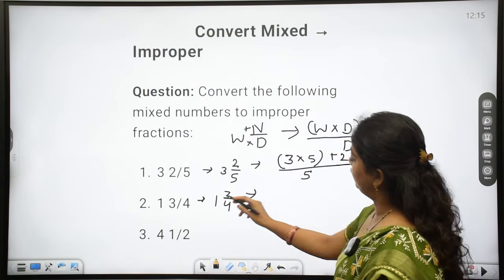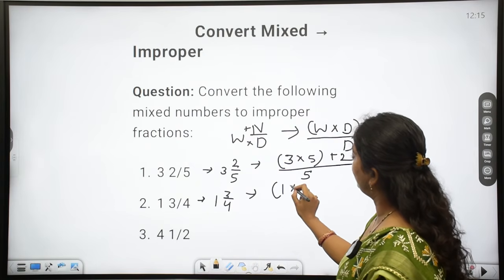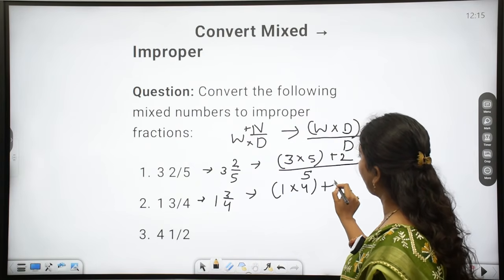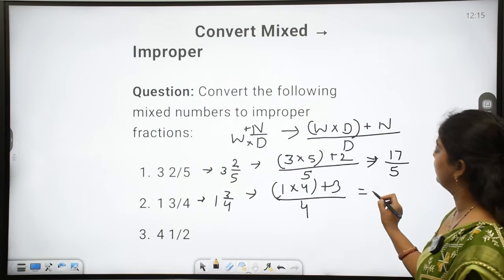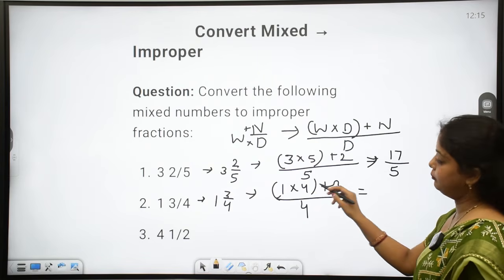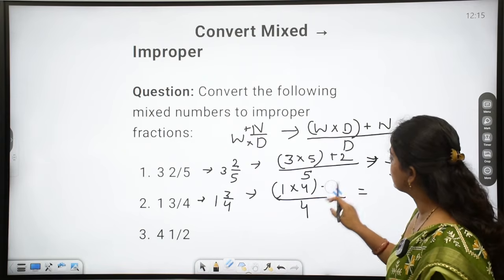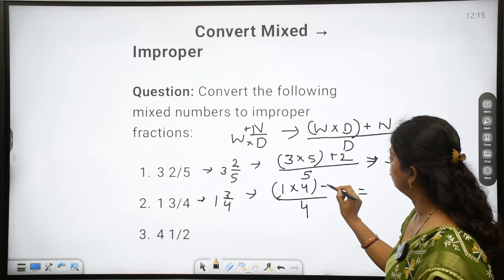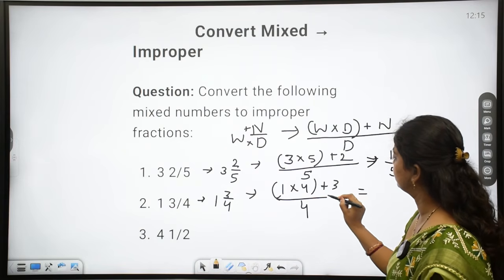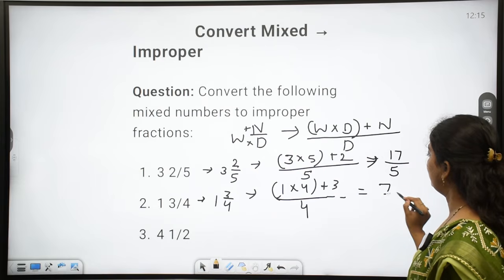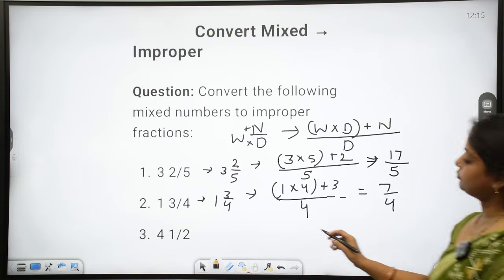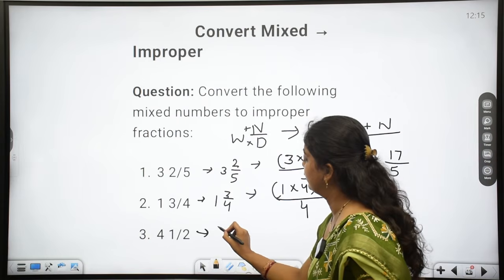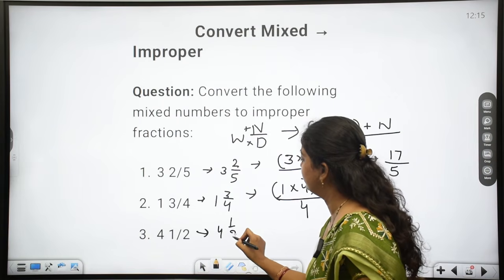Again, we will multiply 1 and 4, add the numerator, and write the denominator. 4 ones are 4 and plus 3, 7. 7 upon 4.